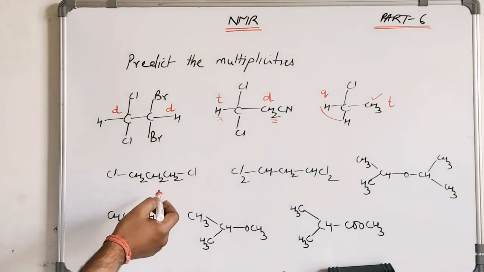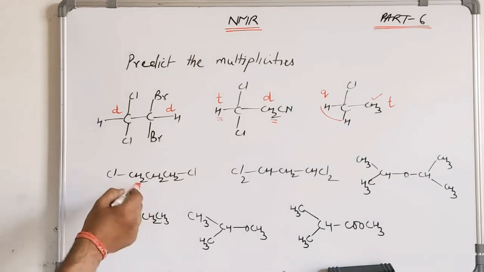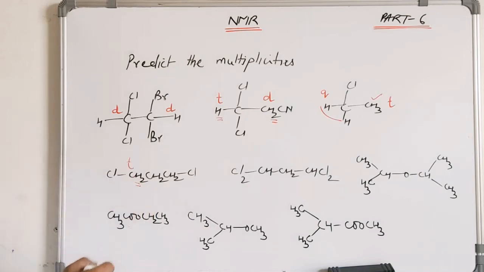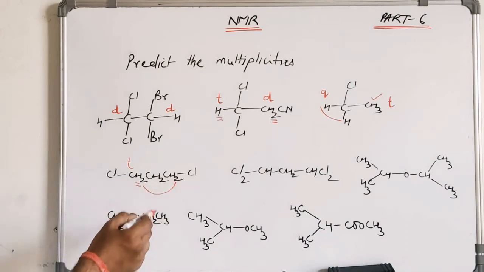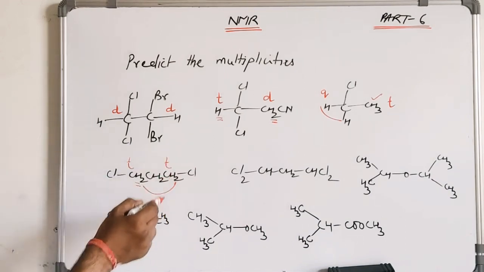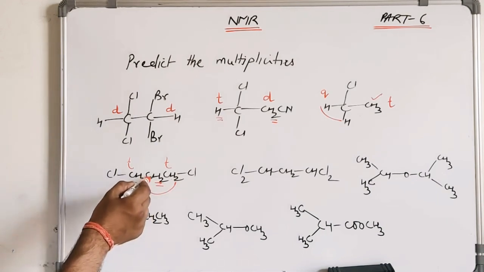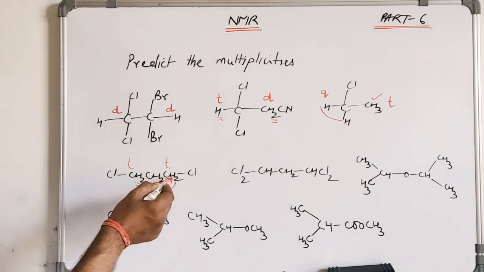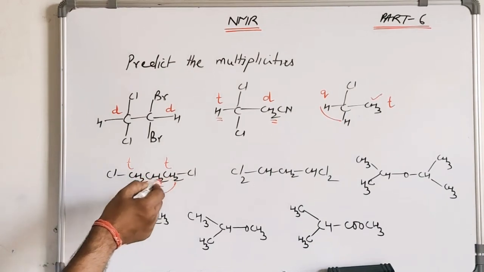Simple example again here. The neighbor of the CH2 is only 1 CH2, so it will show a triplet. These two are the same, as you can see here, so it will also show a triplet. For this compound, for this CH2, its neighbors are CH2, CH2, 2 CH2. So we can see here 4 neighbors are present.